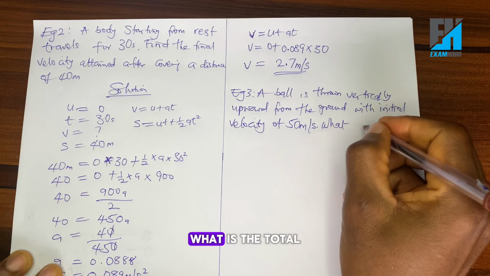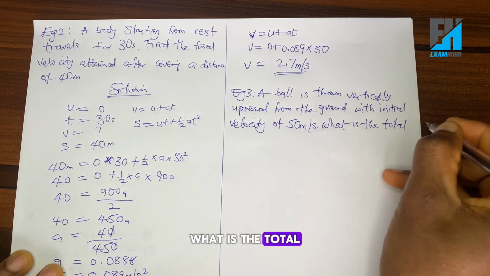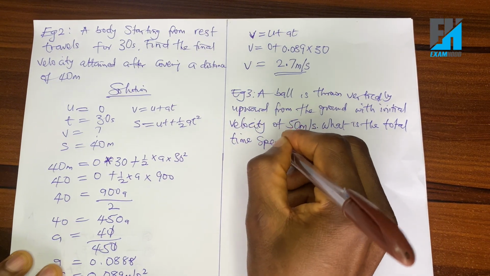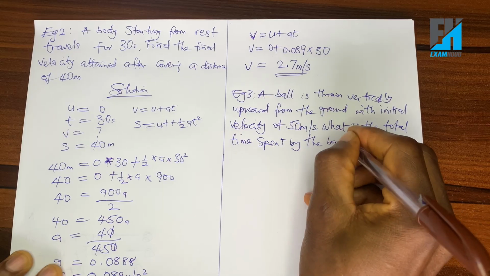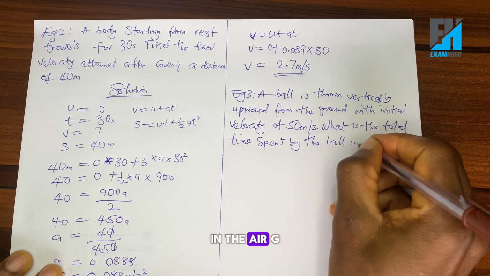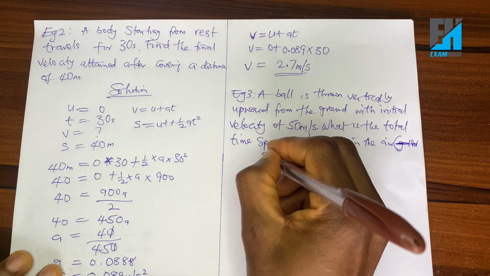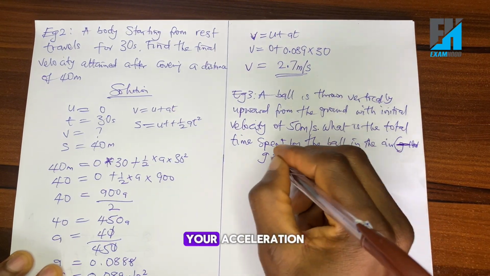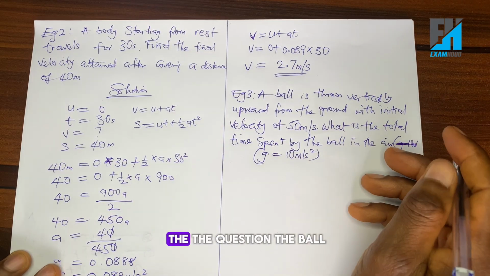What is the total time spent by the ball in the air? g is equals to 10 meters per second squared. Your acceleration due to gravity is 10 meters per second squared.